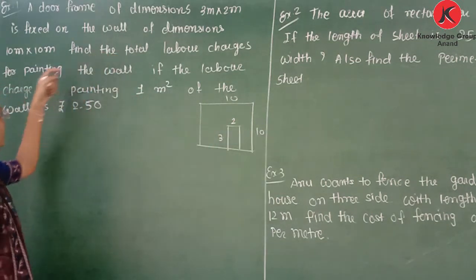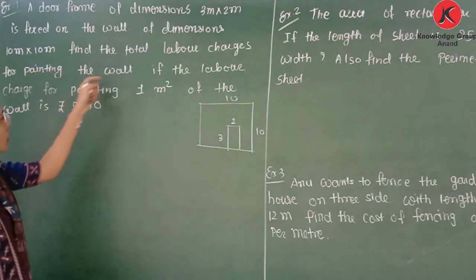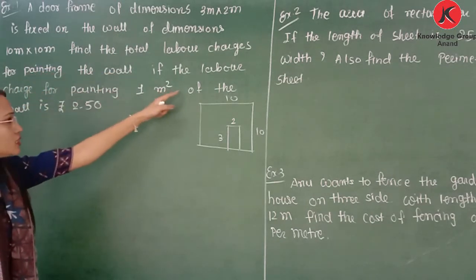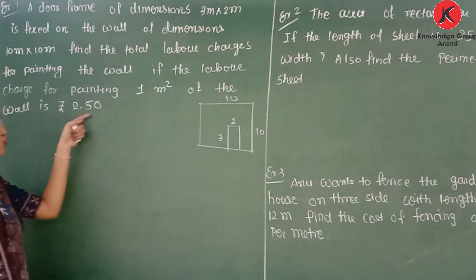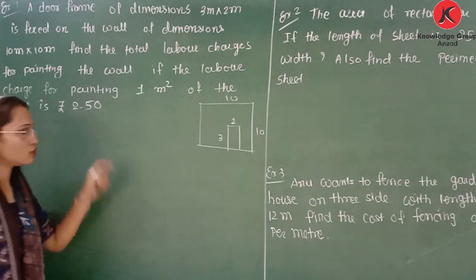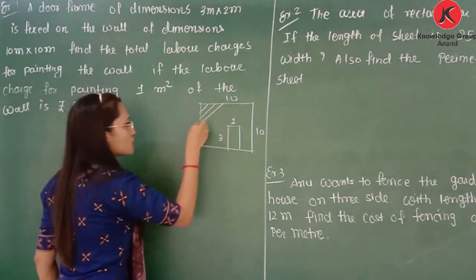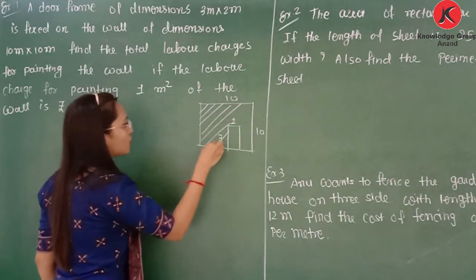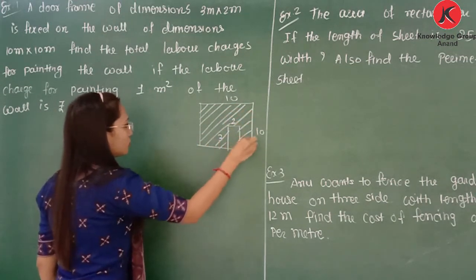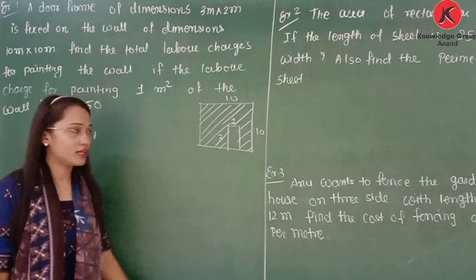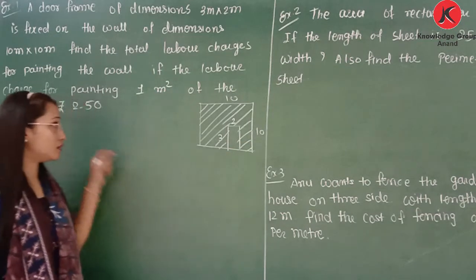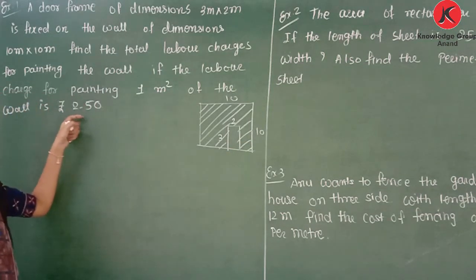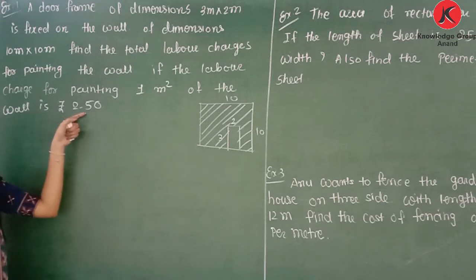Find the total labor charge of painting the wall if the labor charge for painting 1 meter square of a wall is 2.50. So here we need to find the cost for painting this wall. But on the wall there is one door. So how can we find the money that we need to pay to paint the wall?